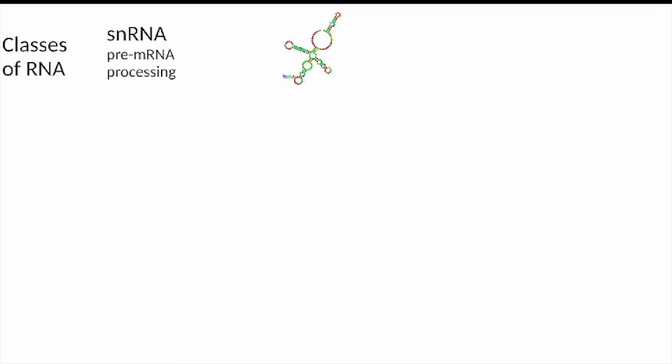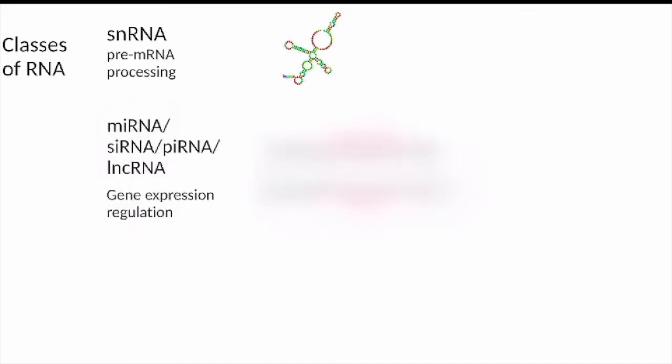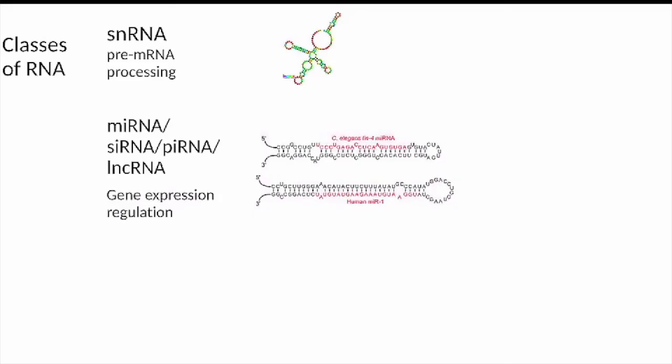And we'll see a lot more about that when we talk about transcriptional regulation. Then there are lots of different miRNA, siRNA, piRNA, lncRNA, with names again on the next page. These regulate gene expression. So you can imagine if these are regulating which genes get expressed when, they have incredible control over our bodily functions.